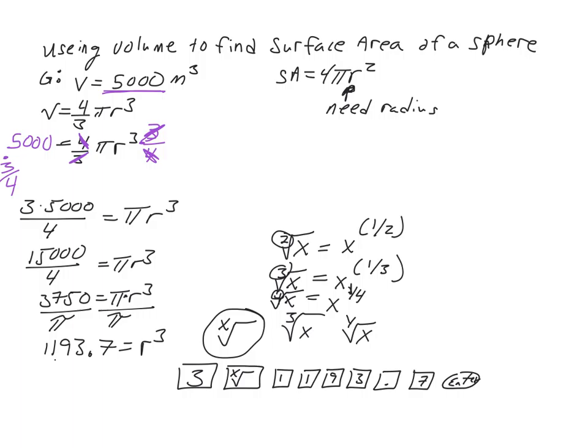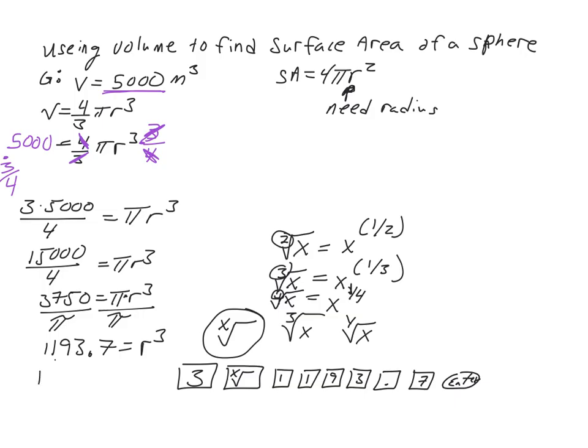But pretty much what I'm doing is I'm taking whatever number here, and I'm going to go to the reciprocal of whatever power this is. Okay? So if it's to the 3rd, I'm going to put this to the 1/3. Okay? Or I could do it this way.